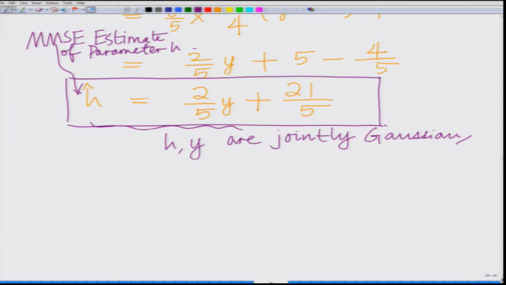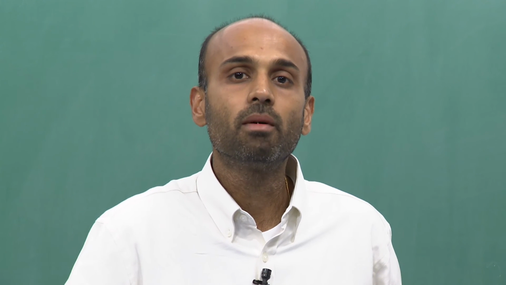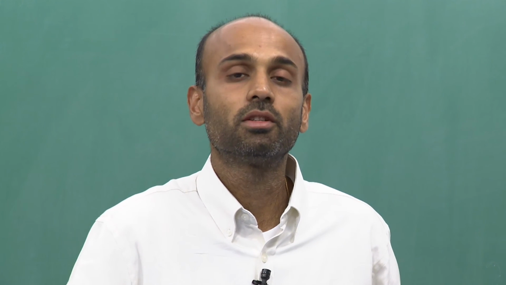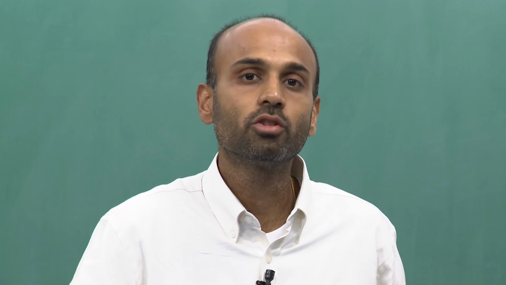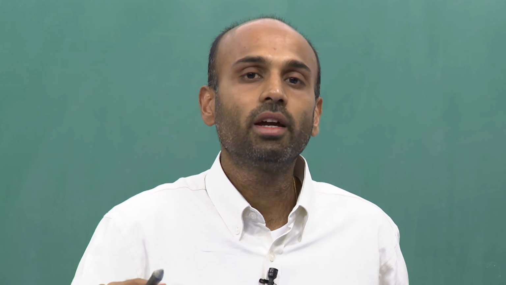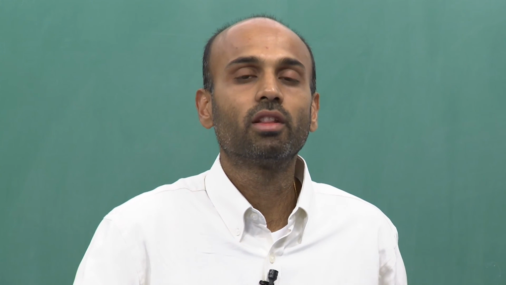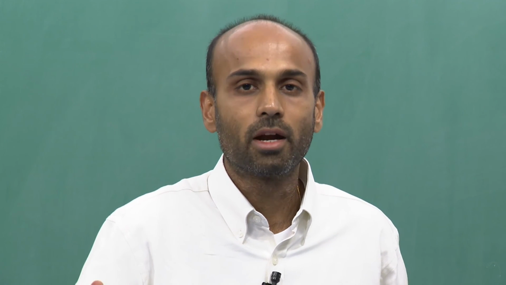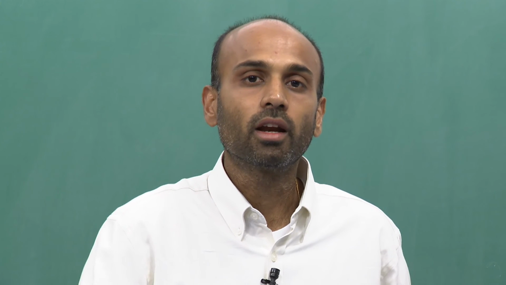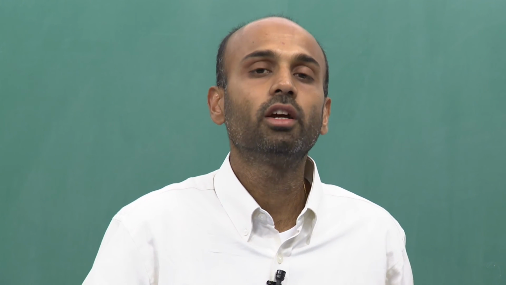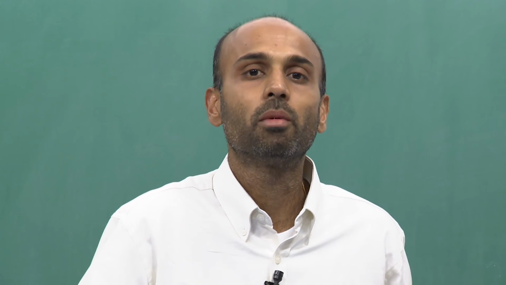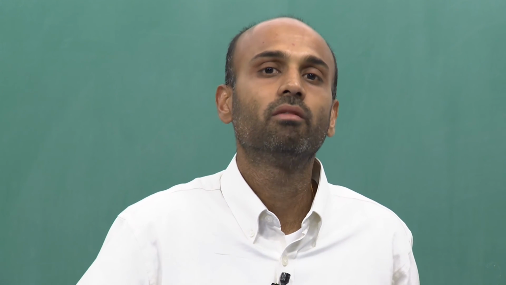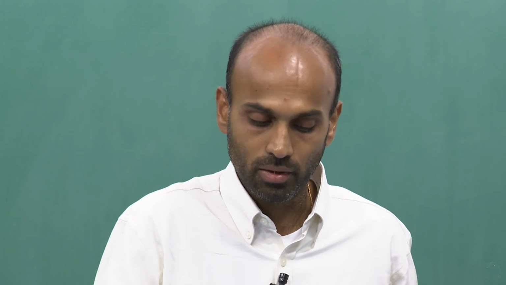This is known as the LMMSE estimate, that is the linear minimum mean squared error estimate. So this is also valid when h and y are not jointly Gaussian, except with a slight change of the framework, or of the whole estimation paradigm. But anyway, we will come to that later. Right now, given h and y are jointly Gaussian, non-zero mean, this is the optimal MMSE estimate of h given y. This simple example clarifies this.